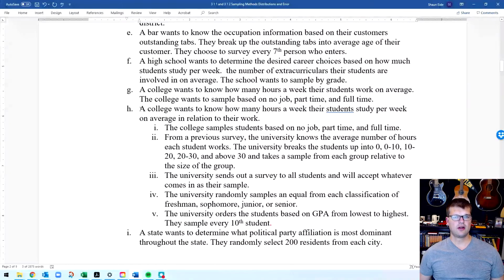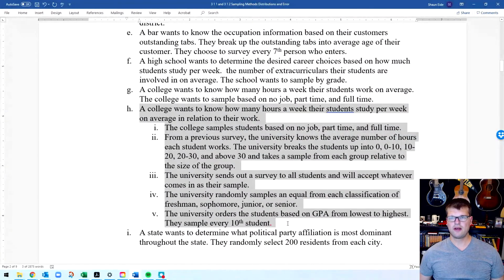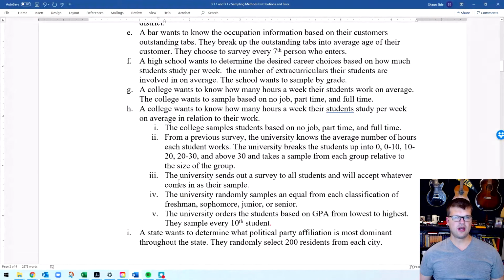This one right here is one of my more favorite questions, and the reason why is because it basically gives you the opportunity to look at every single different way that you could sample something, but still looking at the exact same thing. And so a college wants to know how many hours a week their students study per week on average in relation to their work.